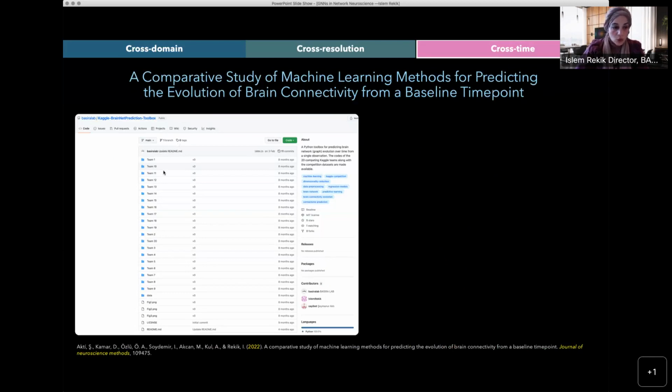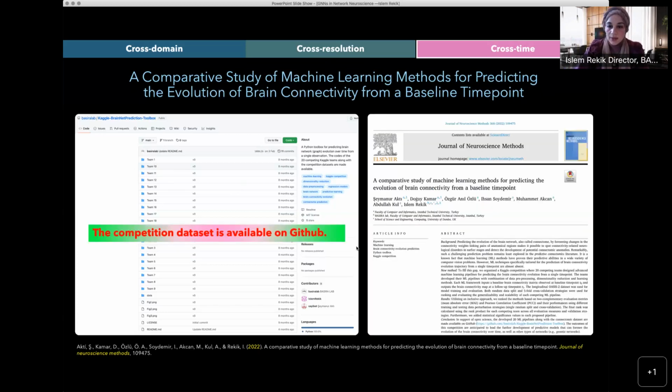There were 20 competing teams, and in the paper we compare all the methods, and we have different analysis figures of their performances using different evaluation measures. And you can see the first team who ranked up; you can look at their methodologies if you're interested, and the paper is also available.